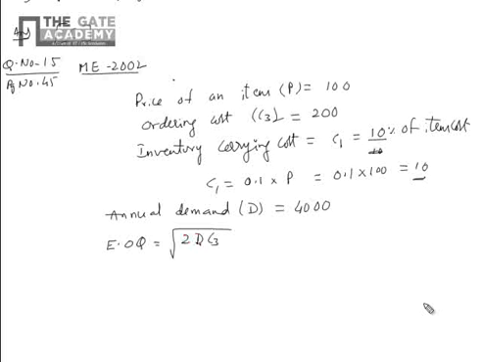Square root of 2D C3 by C1. 2D is 4000, C3 is 200, by C1 which is 10. Simplifying, 400.